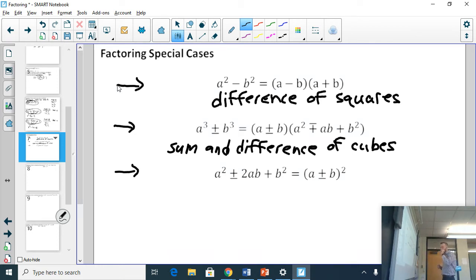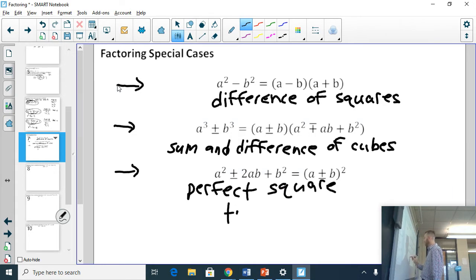And then this one, if you have a squared plus or minus 2ab plus b squared, that is the same thing as a plus or minus b, all quantity squared. And we say that is a perfect square trinomial.